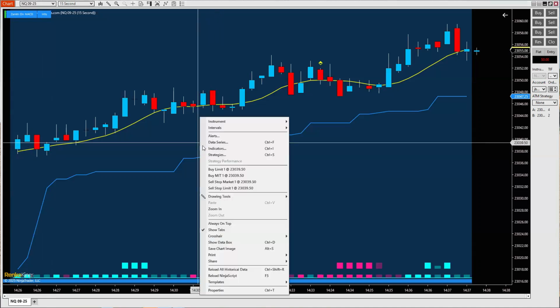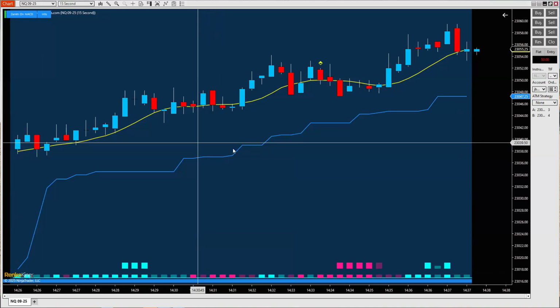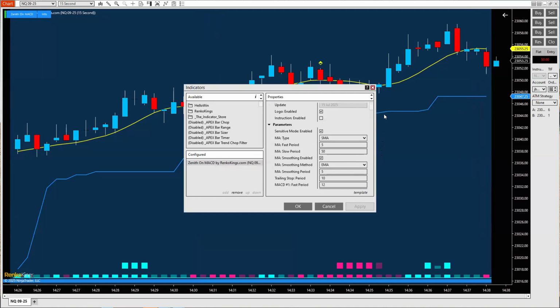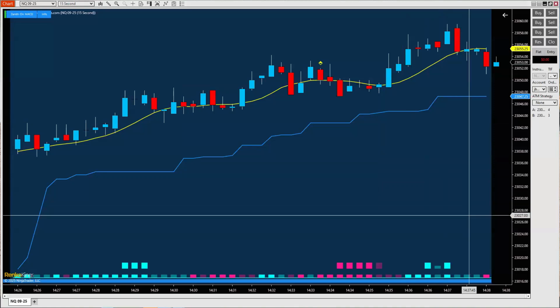The EMA indicators. So here's the EMA. Oh, they are pulling back. All right, let's see if they'll give us a signal here. Let's try and be patient.